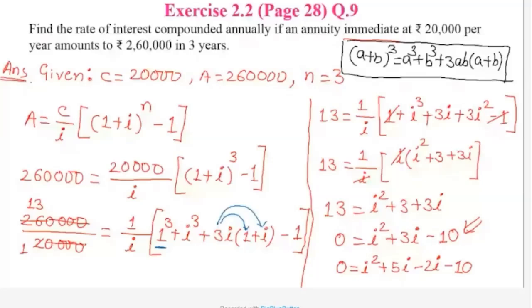Now taking I common, 0 is equal to, let us take I common. If you take I common, then in bracket it is I plus 5. Then let us take -2 common, I plus 5. Therefore, the next step, 0 is equal to (I plus 5)(I minus 2).